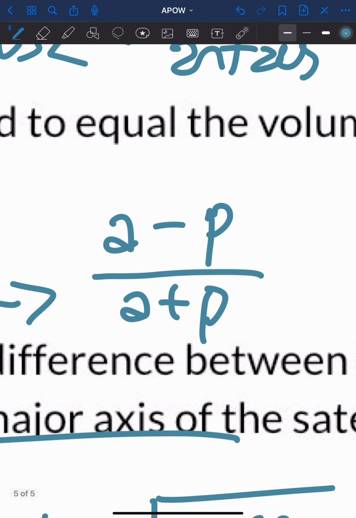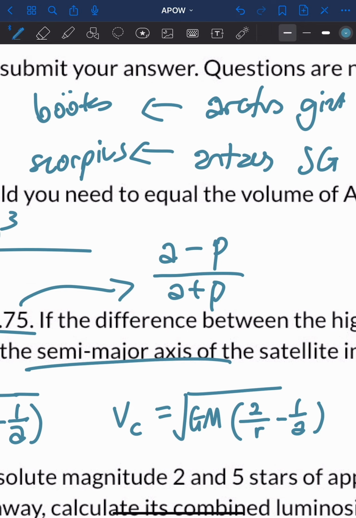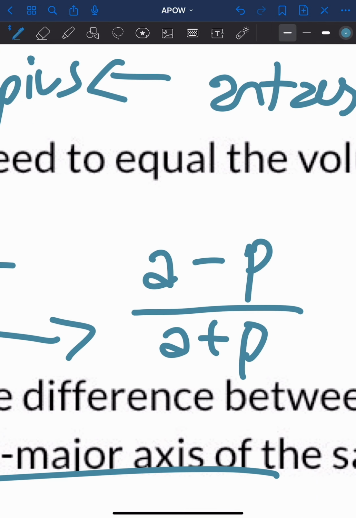I do believe this is the formula. So this one is the apoapsis, this one's the periapsis, which I can't spell. So I'm not going to spell them.